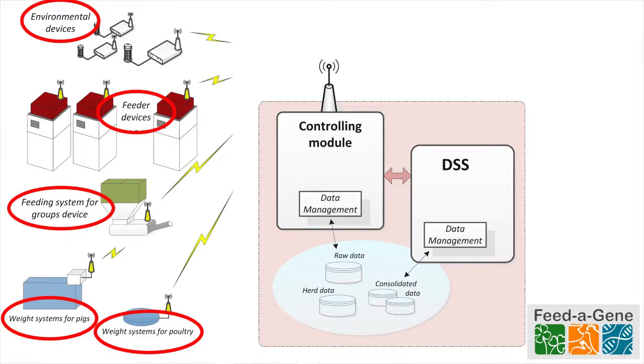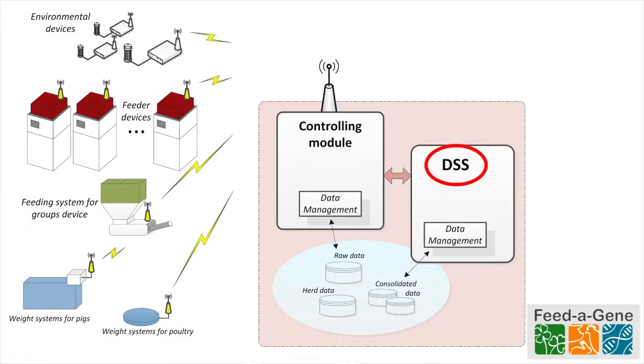These data are operated through the data management system by the decision support system to calculate the adequate nutrient supply to distribute to the animals. Once this information is obtained, it comes back to the controlling module, which sends it to the different devices that will apply this decision.